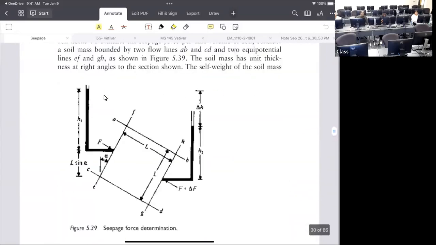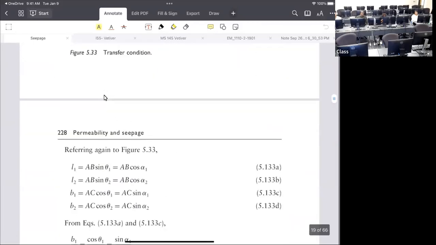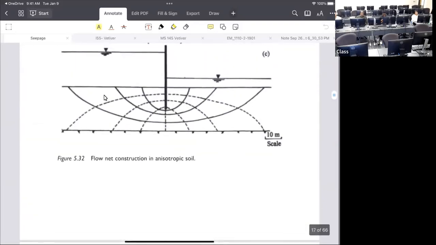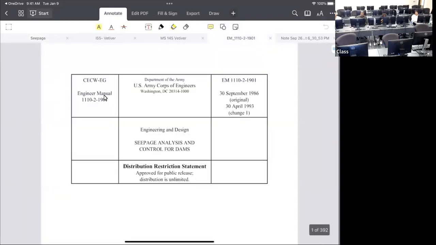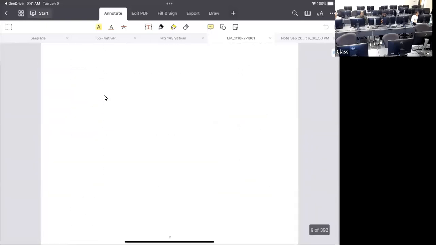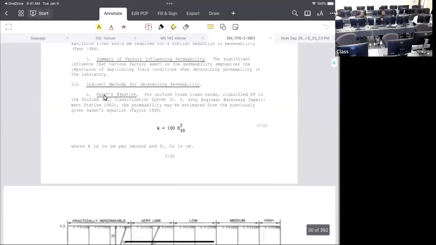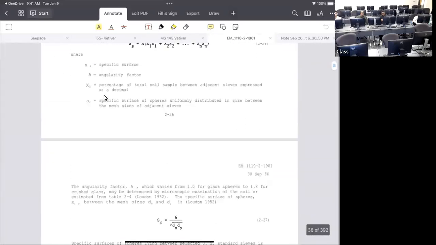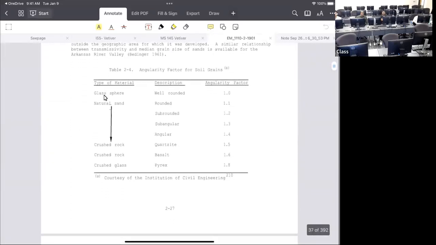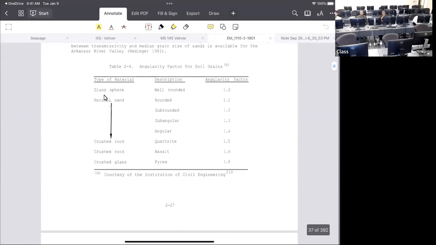Okay, we did it on the piping, equipotential lines, flow lines. There are other things, so let's go to the manual. I want to cover more from the manual today. The first thing is there: equipotential lines, flow lines and everything. Now, the seepage manual, I posted it on campus, it's already there, 1901.